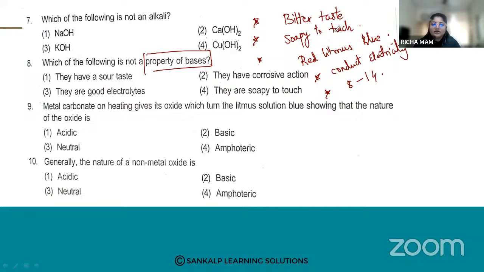Now here they have given four options. They have asked which is not the property. When we talk about taste, bases are bitter in taste, and they have given sour in taste. Sour is the property of acids. So this is not the property of bases. They have a bitter taste and not a sour taste.